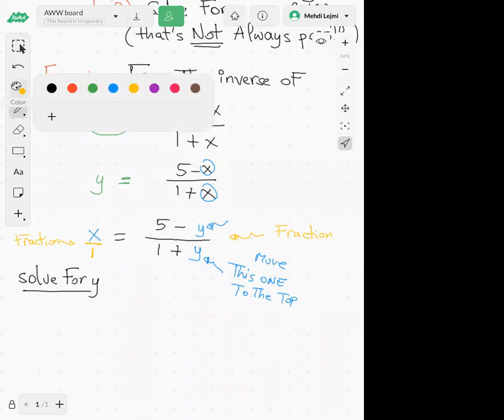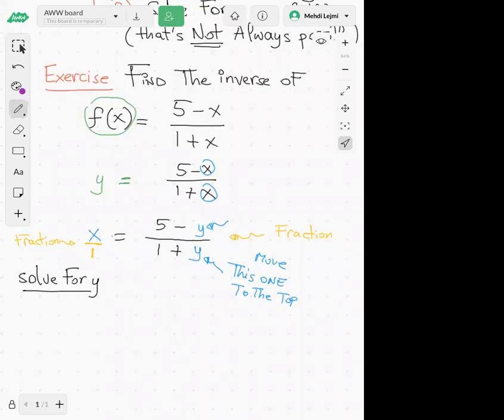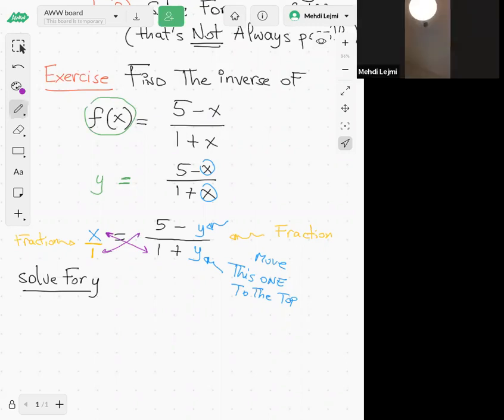So when you cross multiply, then your x times the 1 plus y would be equal to 1 times the 5 minus y. Okay.